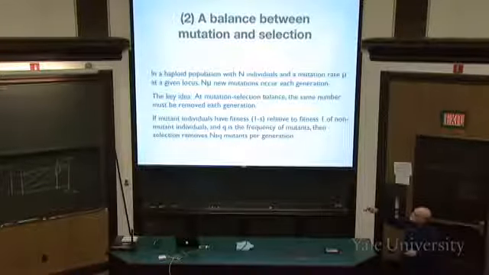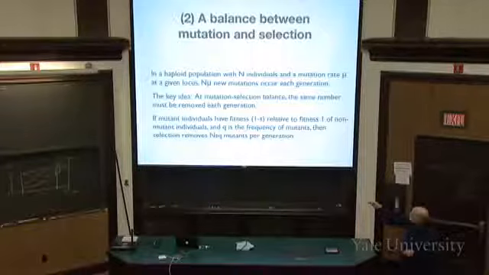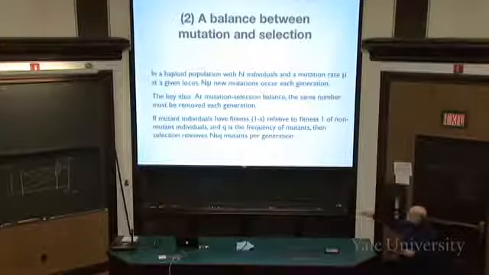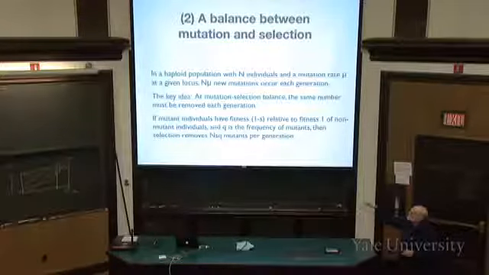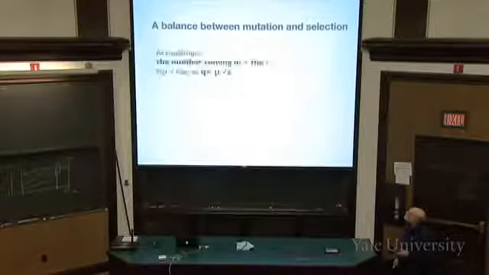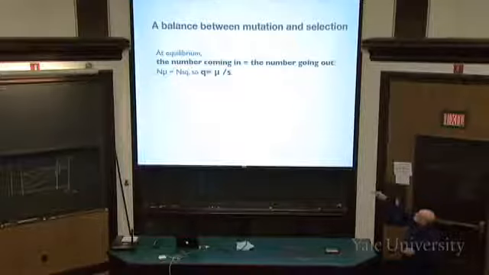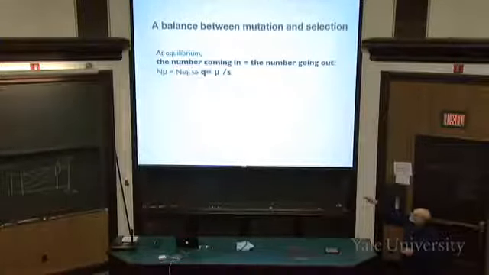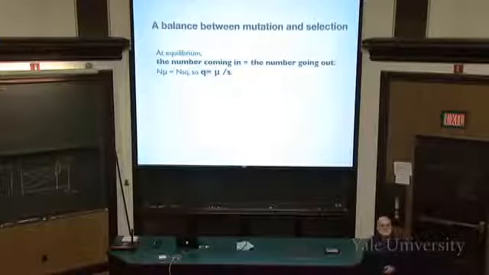And so if the mutant individuals have a lower fitness than the non-mutants, and if Q is the frequency of the mutants, then selection is taking out NSQ mutants per generation. And at equilibrium, with the number coming in equal to the number going out, that gives us an equilibrium frequency of the mutation rate divided by the selection coefficient.